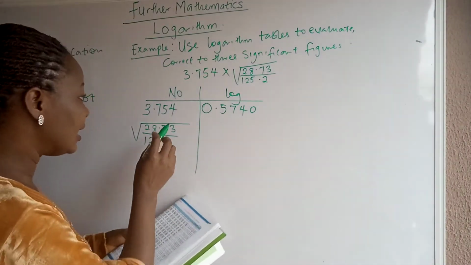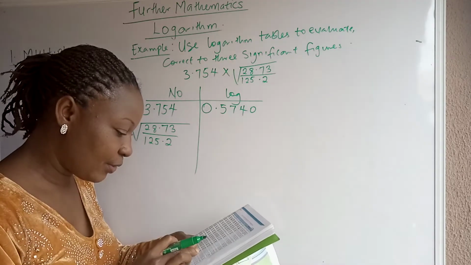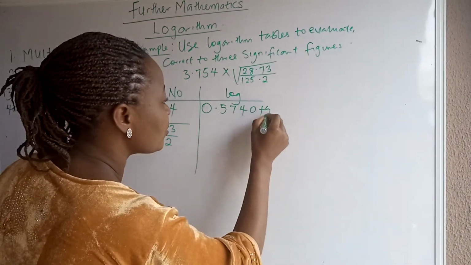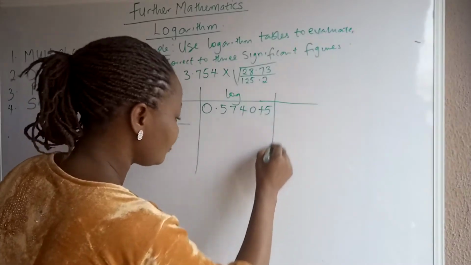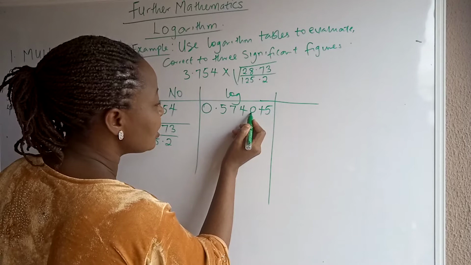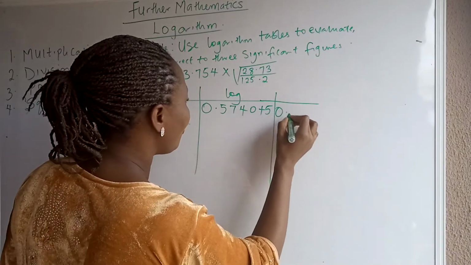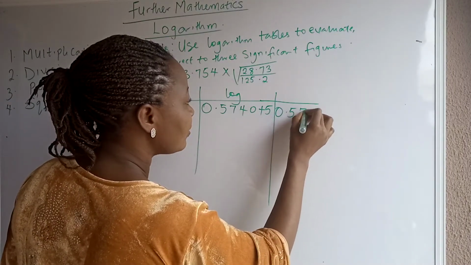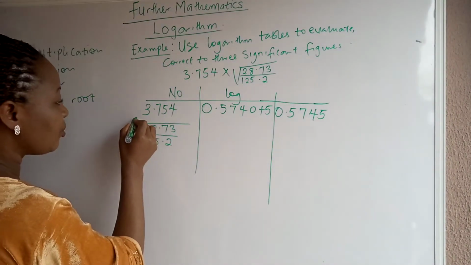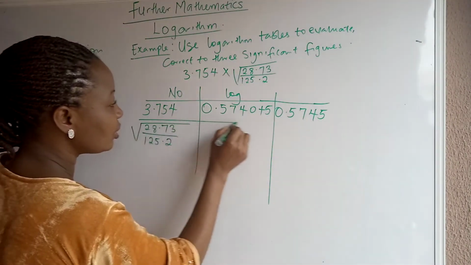Then difference 4. Difference 4 is 5. So that's plus 5. I'm going to add this 0, 5 plus 0, so it's going to be 0.5745.